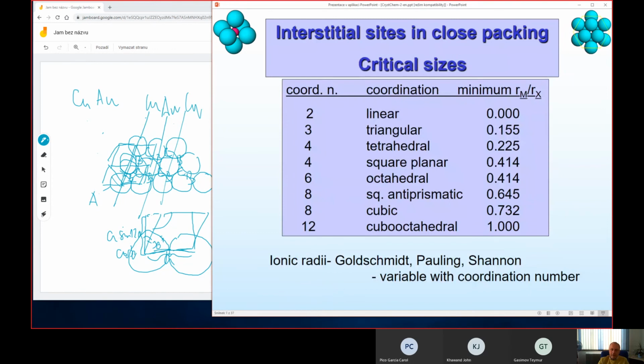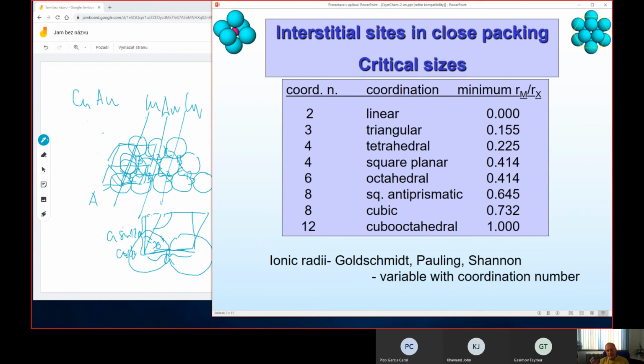Now, if we want to consider the structures as close-packed arrays of larger atoms, and the smaller atoms are occupying the tetrahedral or octahedral site, we must consider the atomic or ionic radii.